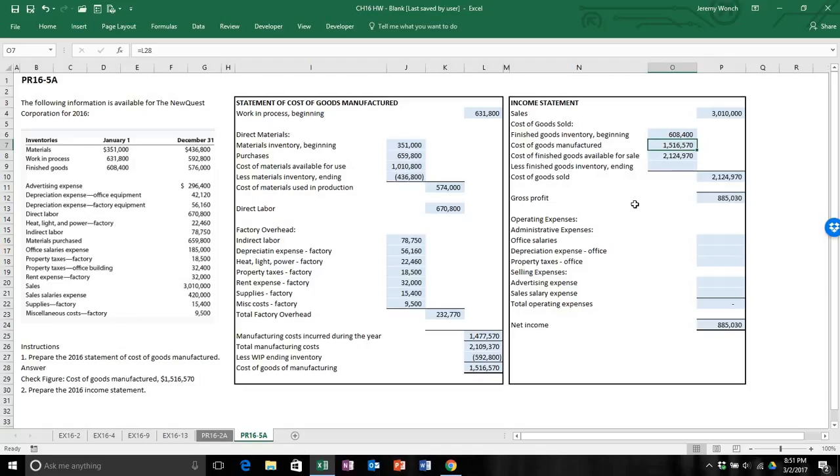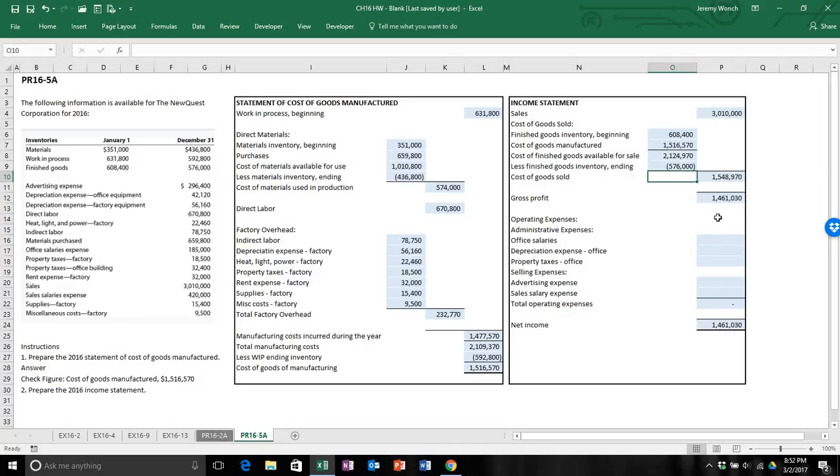So the total available to sell for that year was 2.1, but we have to subtract out what we ended with to figure out what was actually sold. Our ending balance is $576,000, which gives us cost of goods sold of $1,548,970. If we take our sales, subtract our cost of goods sold, we get our gross profit, which is 1.461 million.